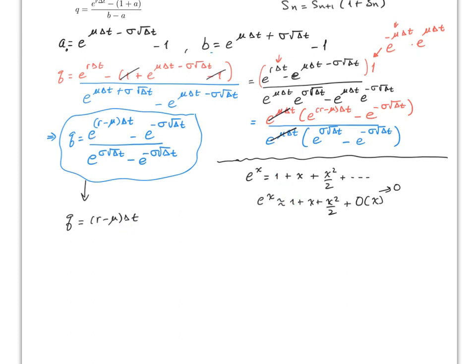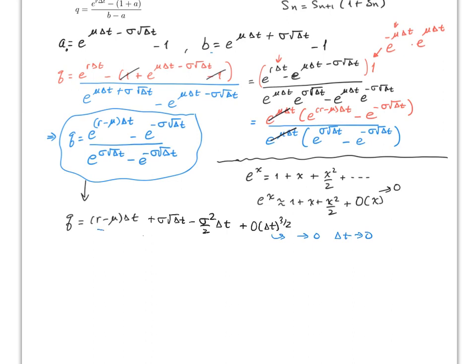That's why there is no 1 on the top. And then this will give you plus sigma square root of delta t minus sigma squared over 2 delta t plus the error of order delta t to the 3/2. All you care is that this thing goes to 0 as delta t goes to 0.